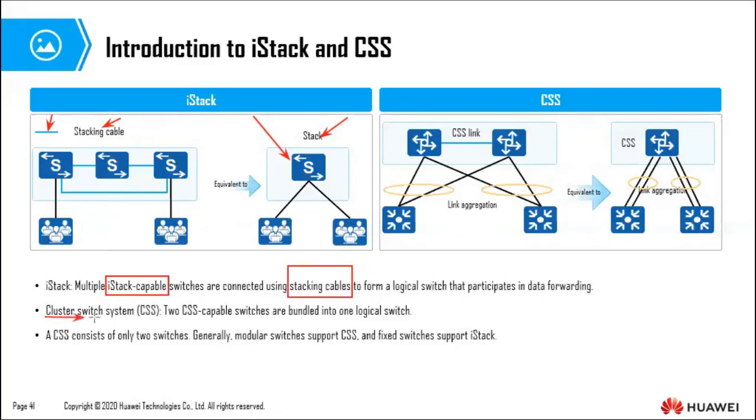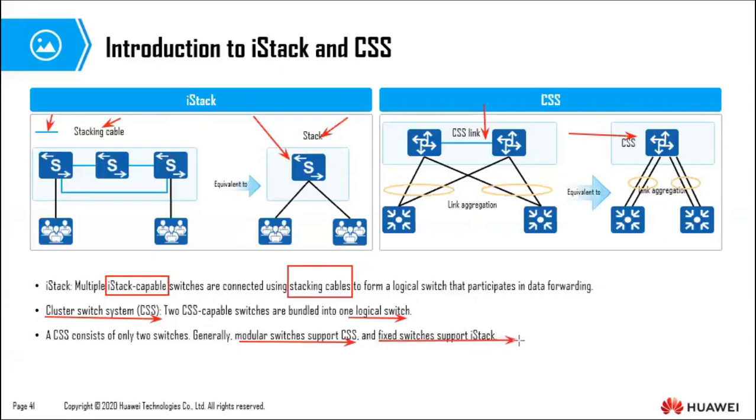The other way is by using the cluster switch system. Cluster switch system: 2 CSS capable switches are bundled into one logical switch. So normally you will connect them using a CSS link, cluster switch link, and you'll be able to form a single logical switch. Now this one is very important.